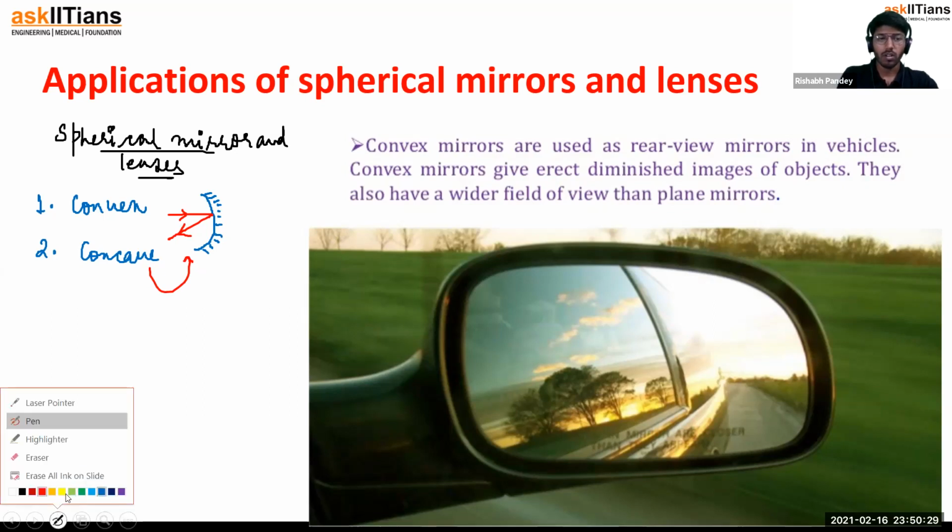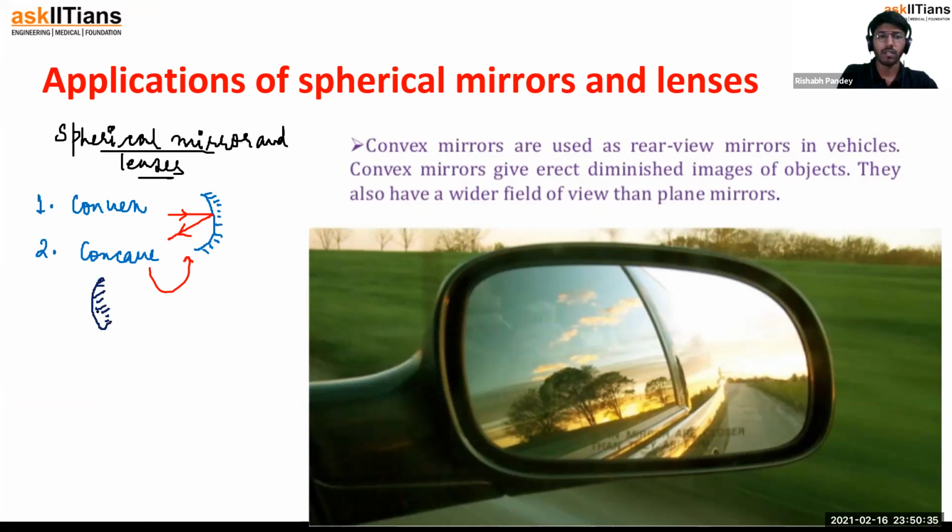If I talk about a convex mirror, then it looks like this, with this as the silvered portion and this as the reflecting surface. A ray of light is incident on it and again gets reflected back. So this is a convex and a concave mirror.